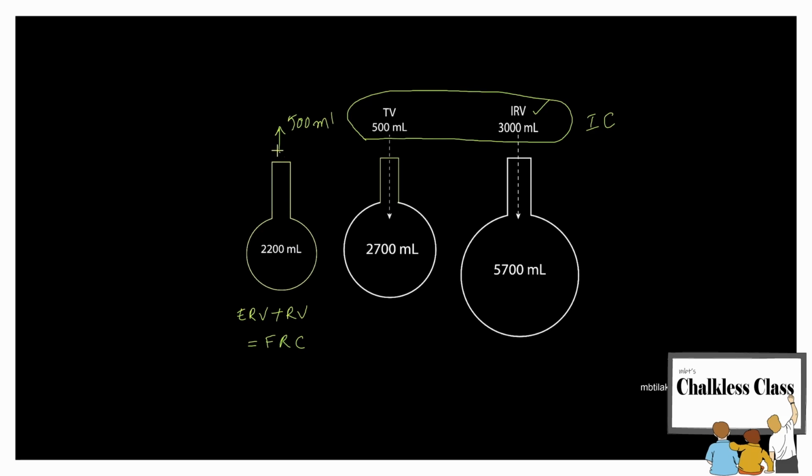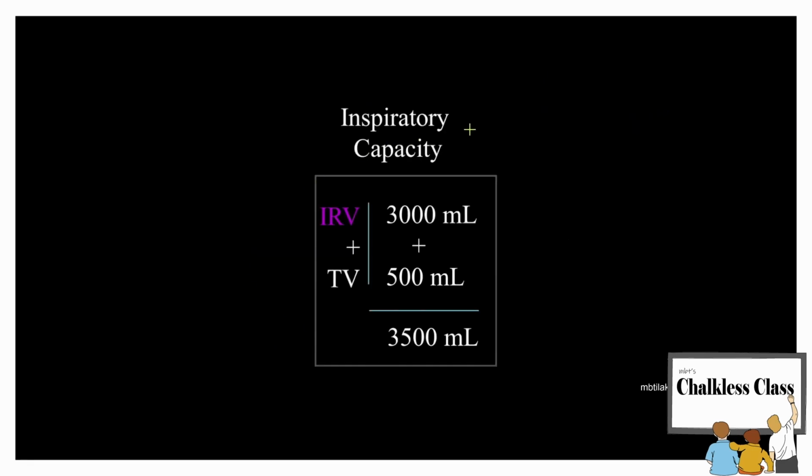After normal expiration, the total volume of air inhaled by the contraction of the muscles is called inspiratory capacity. It includes tidal volume plus inspiratory reserve volume. So the inspiratory capacity is around 3500 ml. Look here, inspiratory capacity is the inspiratory reserve volume plus tidal volume.